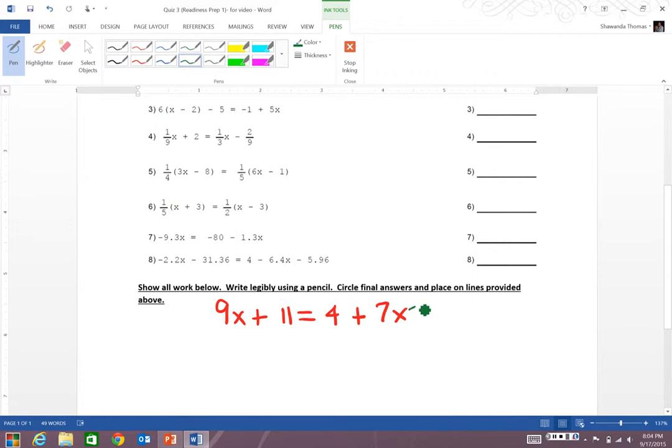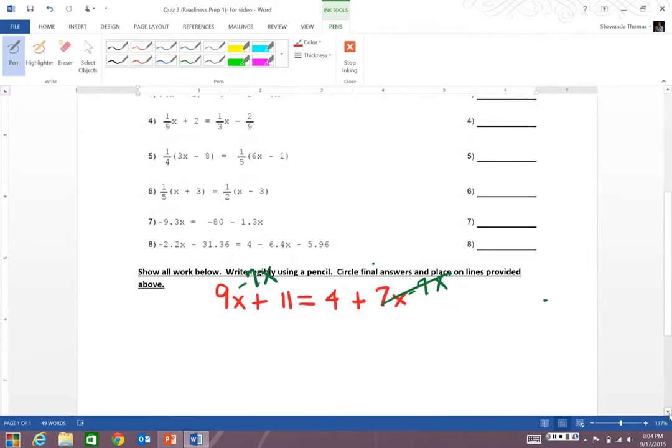So let me subtract 7x, and 7x minus 7x cancels out from that side. So what we have now is 2x plus 11 equals 4.